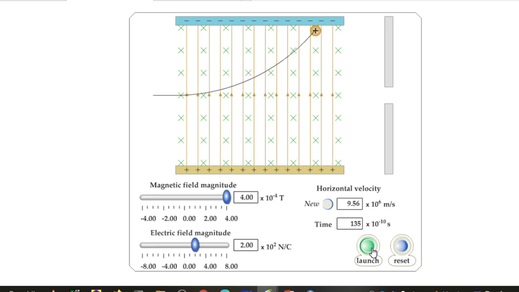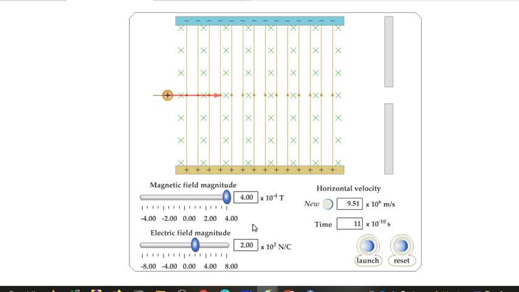Now, I want to check whether I can change the charge on my particle. Let me see. I cannot change the charge on my particle. But just for the sake of this, I want to show you that engineers and physicists can steer the movement of this charged particle.